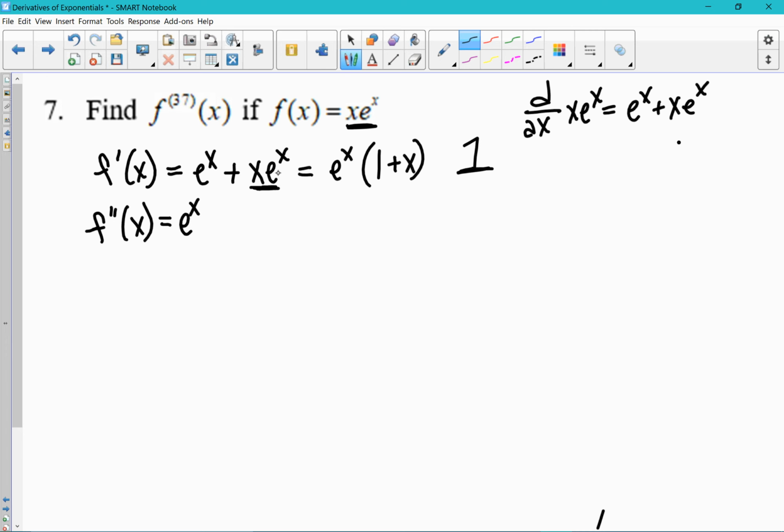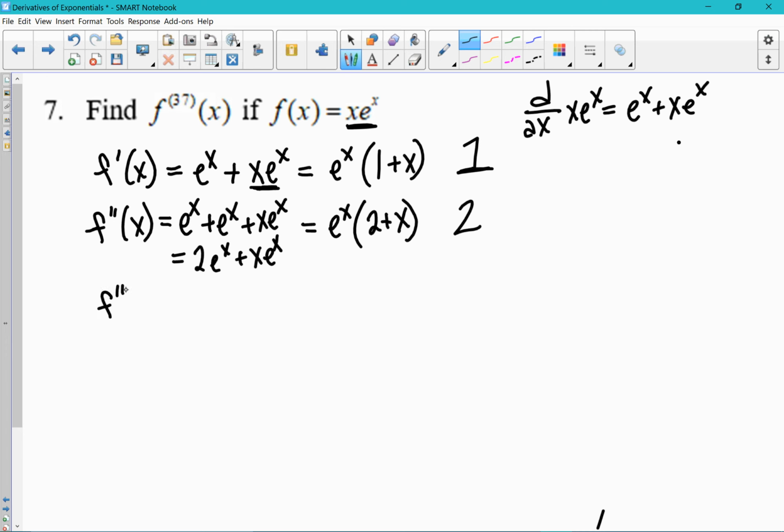I know that's the product rule, and you're welcome to do it again. But you get e to the x plus x e to the x. Well, I've got two of these, so 2 e to the x plus x e to the x. And just so you can start to see a pattern, I'm going to factor out that e to the x again. So I'd get e to the x times 2 plus x. That's my second derivative.